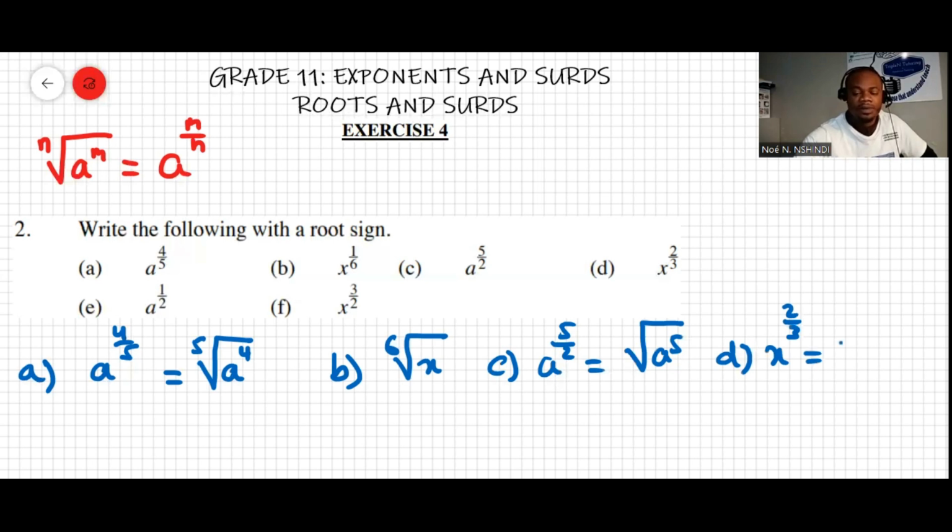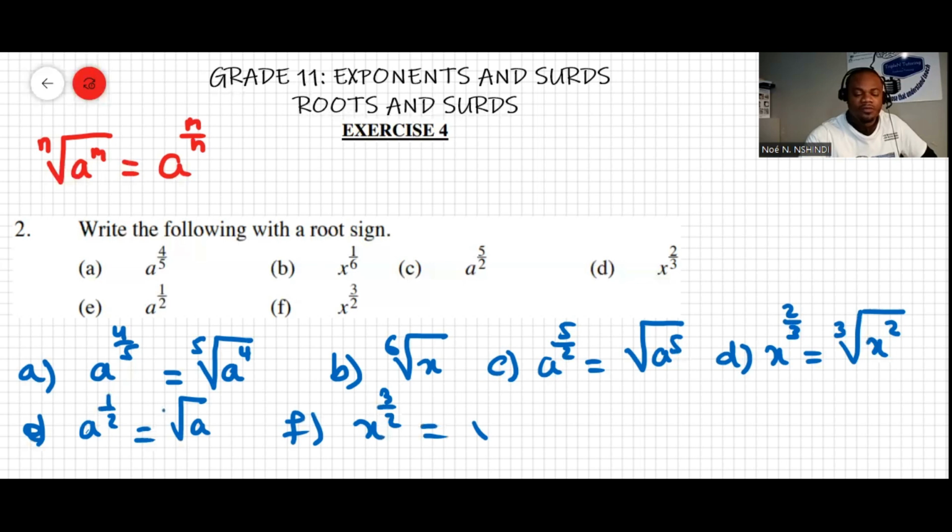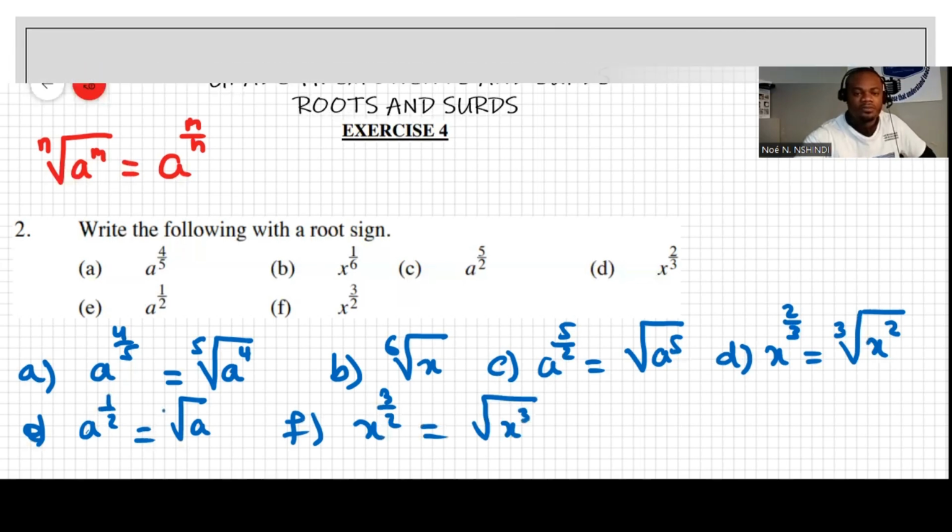There, we're talking about the third root of x to the power of 2. And then e, a to the power of a half is just the square root of a. And then f, x to the power of 3 over 2 is just the square root of x cubed. Okay, thank you.